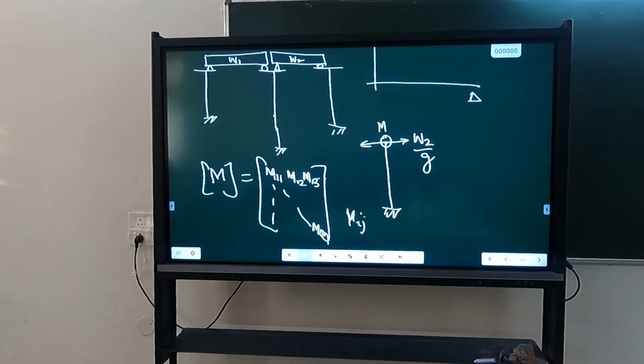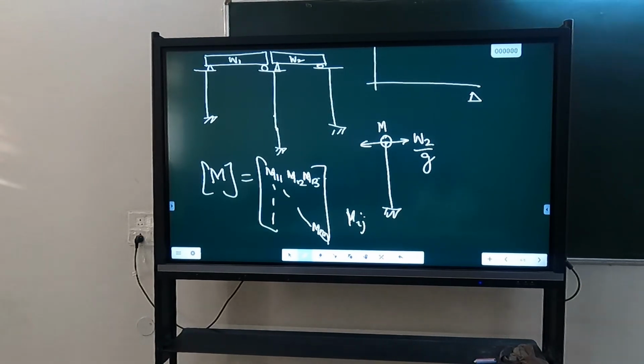Kij, let us first do. Force required along I to cause unit displacement along J. Same way, define Mij: force required along I to cause unit acceleration along J. So the inertia force which will be acting at the ith node or along the ith degree of freedom when acceleration is acting along the jth degree of freedom.